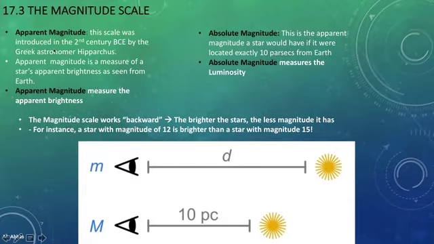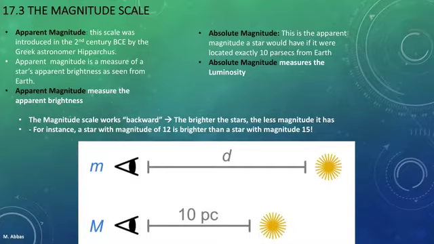Absolute magnitude is the brightness of a star if you were standing 10 parsecs away from it. This is our choice. This is what astrophysicists chose as a magnitude scale.